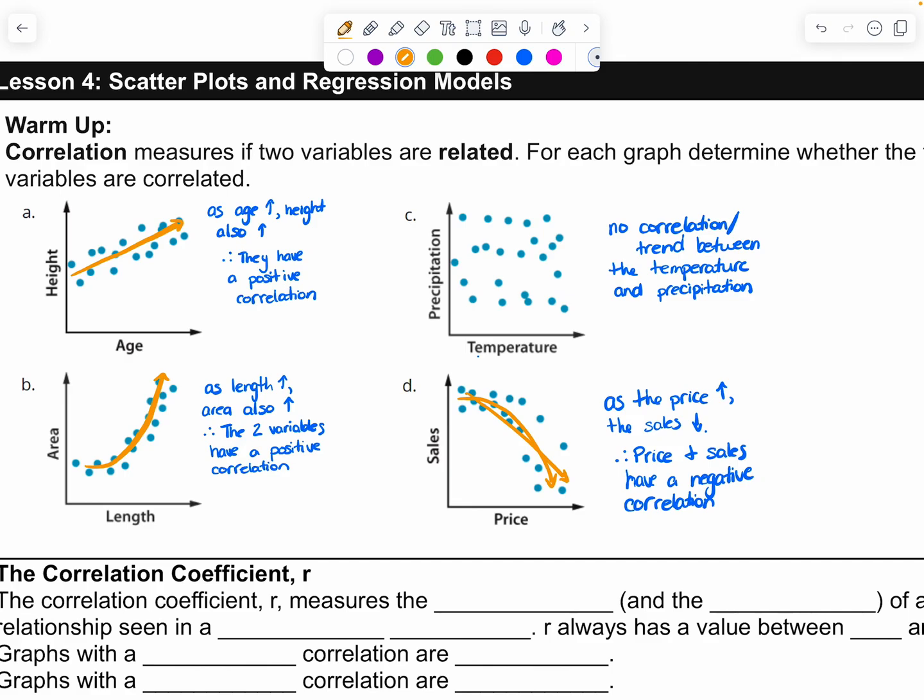Today's lesson is focusing all on scatter plots. With scatter plots, we can say how correlated are those items? Are they really correlated, somewhat correlated, not correlated at all? Is it a positive or a negative correlation? And then we can also put in lines of best fit or curves of best fit, but today it's going to be just lines.